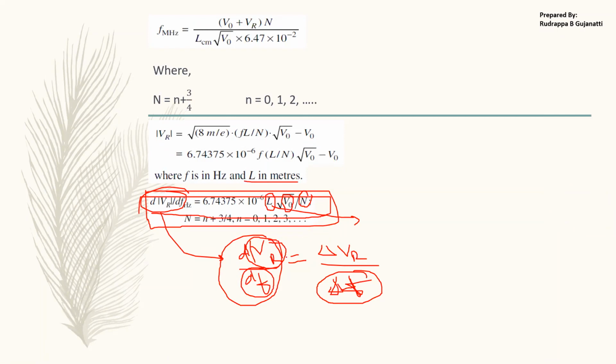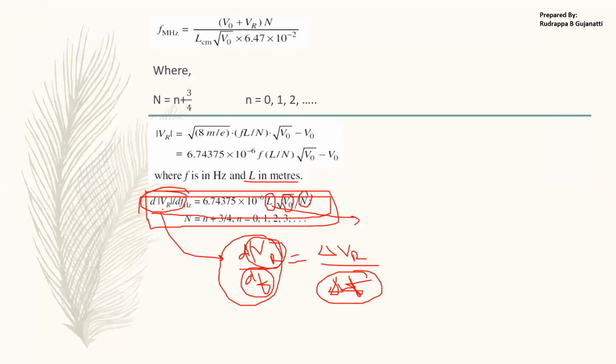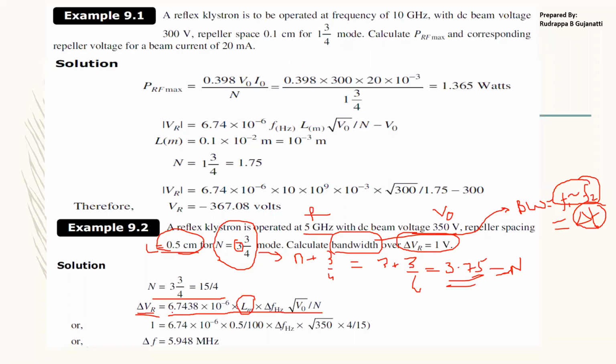L is in meters. So convert this 0.5 centimeter, which is equal to 0.5 into 10 raised to minus 2 meters. So this equation itself is altered. If I take delta F to this side, I get delta VR into delta F into all these parameters.